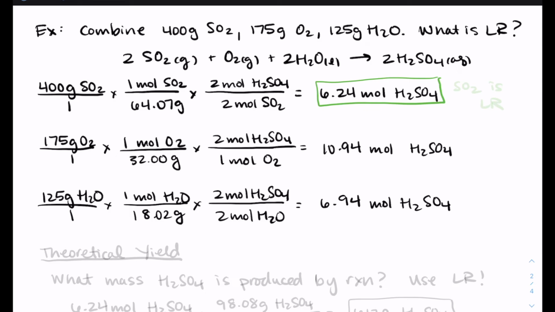The other question that you might have, this reaction only has one product. What happens when you need to calculate the limiting reactant for something that has multiple products? Don't stress, because it doesn't matter which one you pick. You can pick any product as long as you calculate the amount produced for that same product from every reactant.